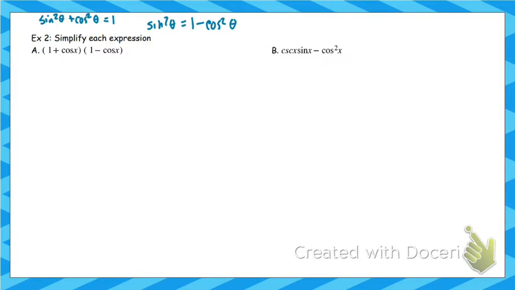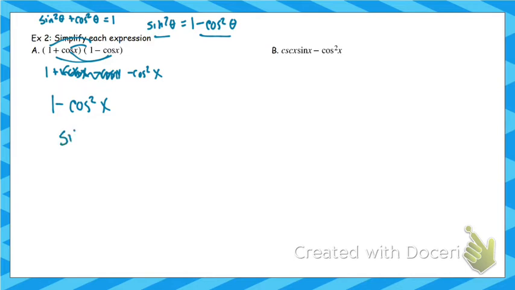What I can do, though, you may recognize this is a difference of squares. If I multiply this all out, those middle terms cancel out, and I just am left with 1 minus cosine squared. 1 minus cosine squared is the same thing as sine squared.